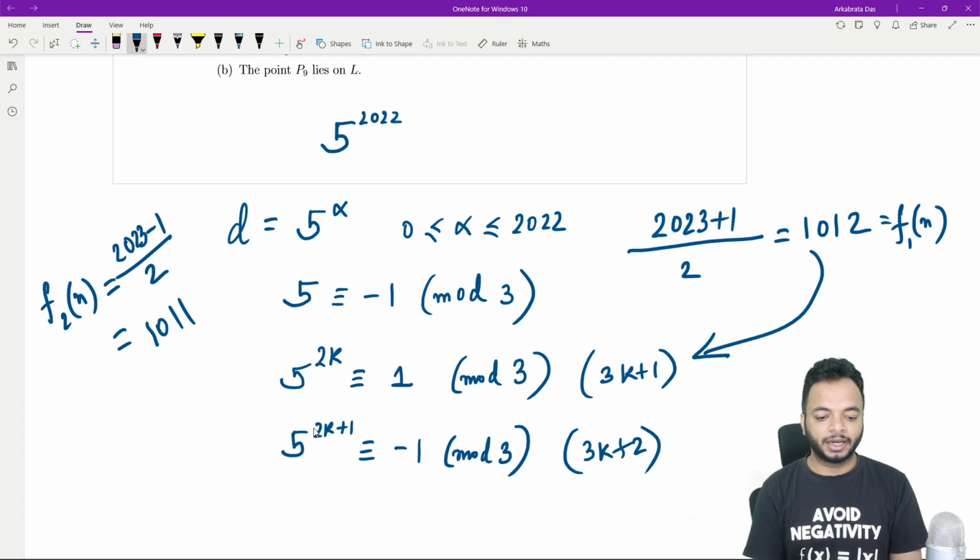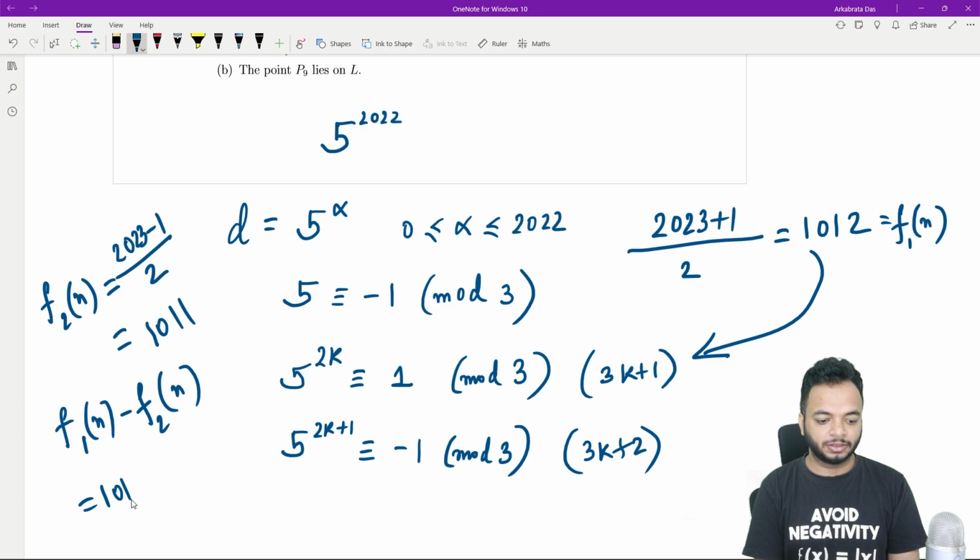So when you subtract these two, f_1(n) minus f_2(n) is 1012 minus 1011, which is equal to 1. That's the answer for the first part.